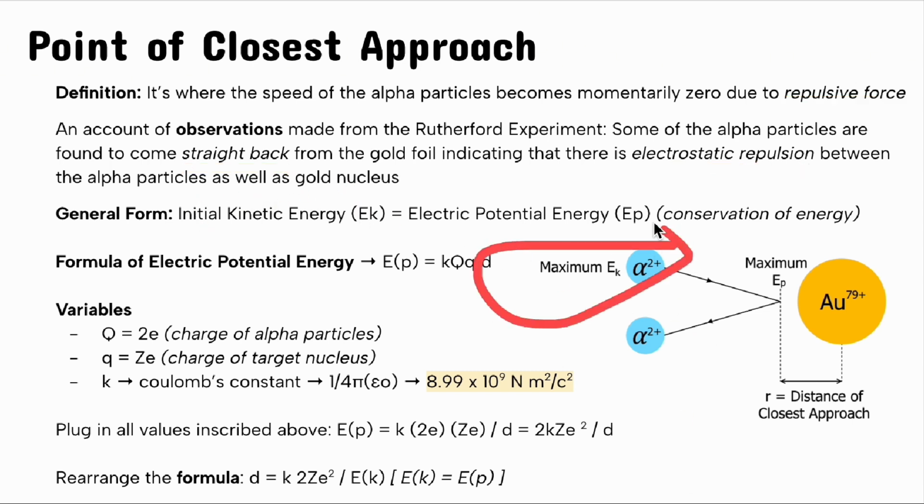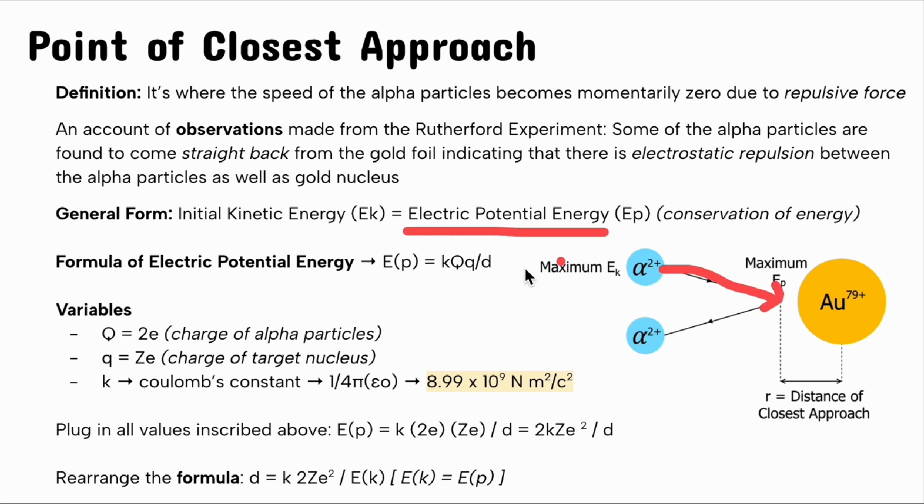Here's an example of alpha particles traveling towards the gold foil. As it moves closer and closer to the gold foil, initial kinetic energy is transferred into electric potential energy.